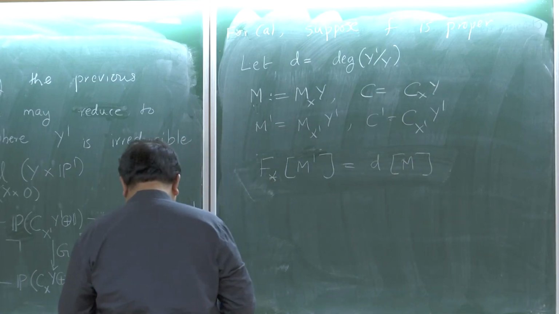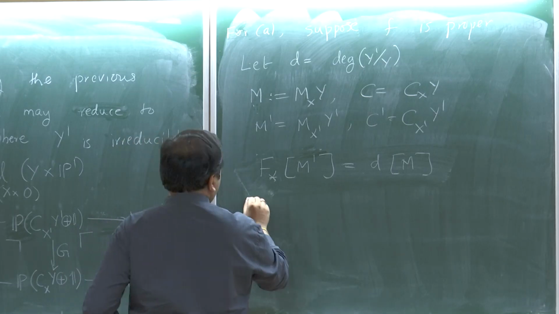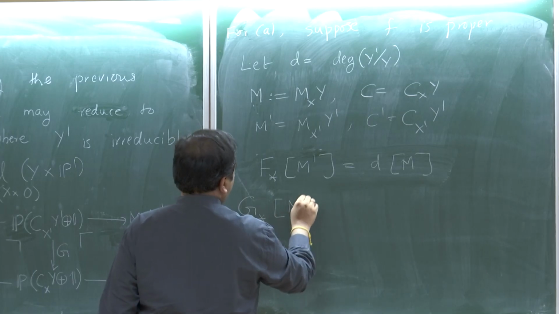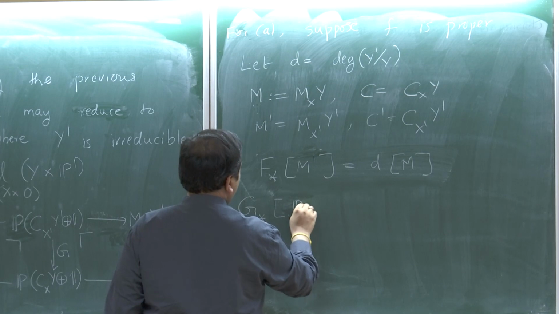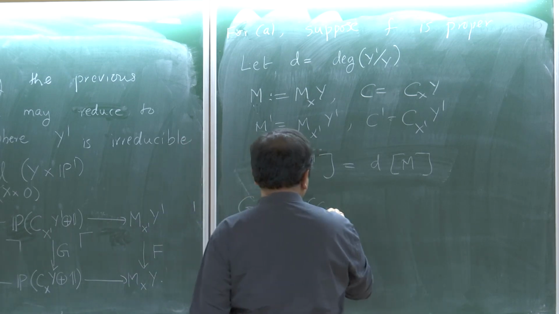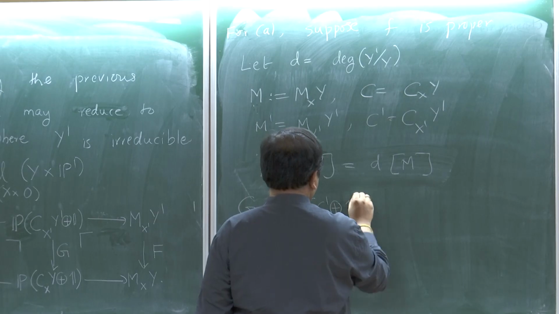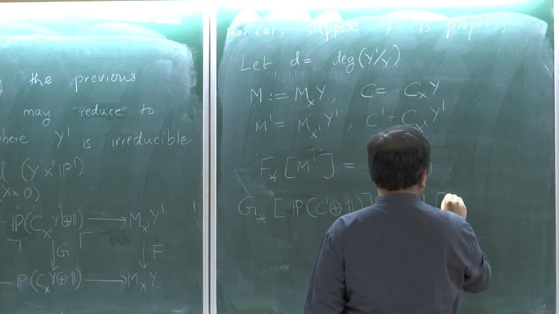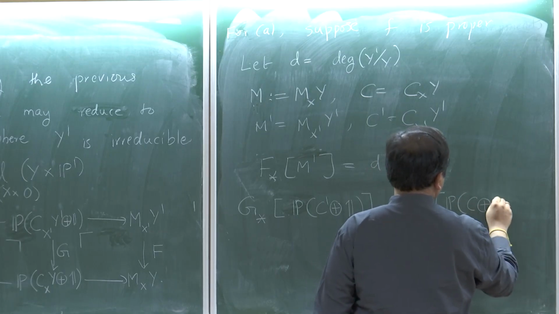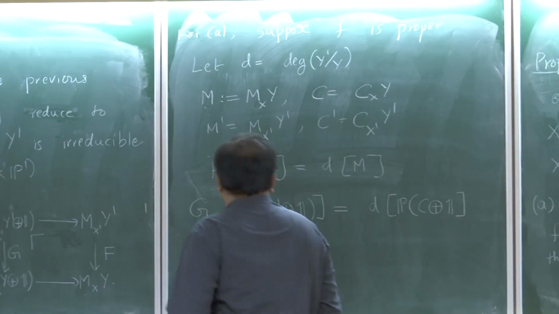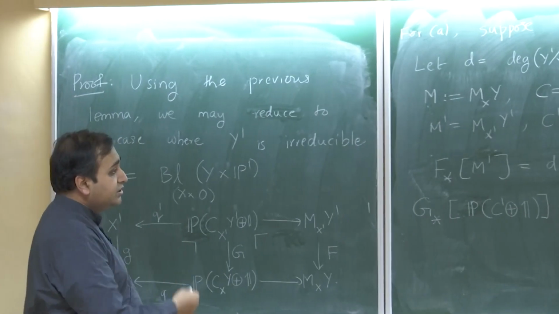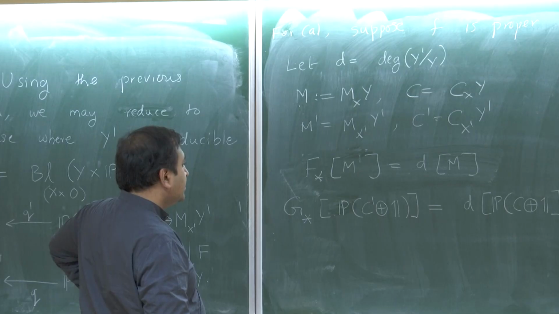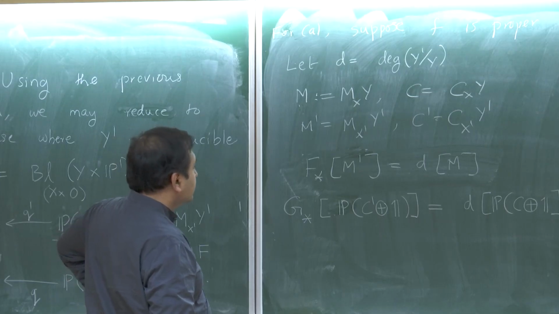And now let us just write out this calculation. Here g lower star of m prime of p of c prime plus 1 will also be equal to d times p of c plus 1. Okay, so this will require that lemma probably, no, this will not require anything.